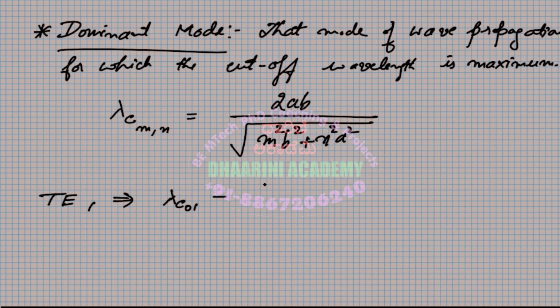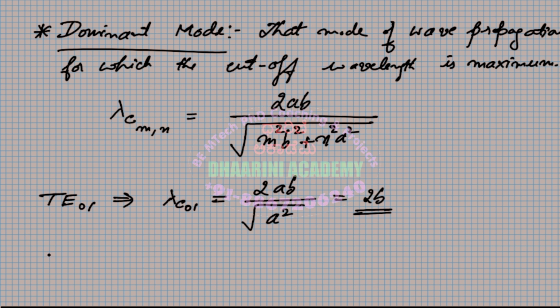So I write 2ab divided by the root of a square, n is 1, so a square, and a cancels from the numerator and the denominator, leaving 2b. So the answer is 2b for TE01. Is it okay?